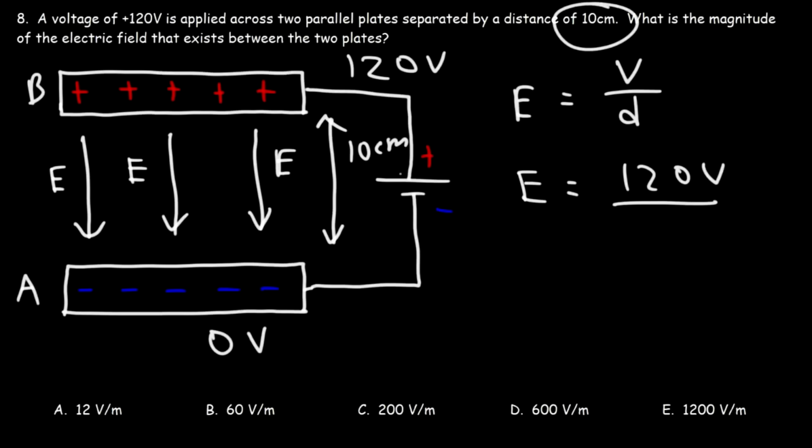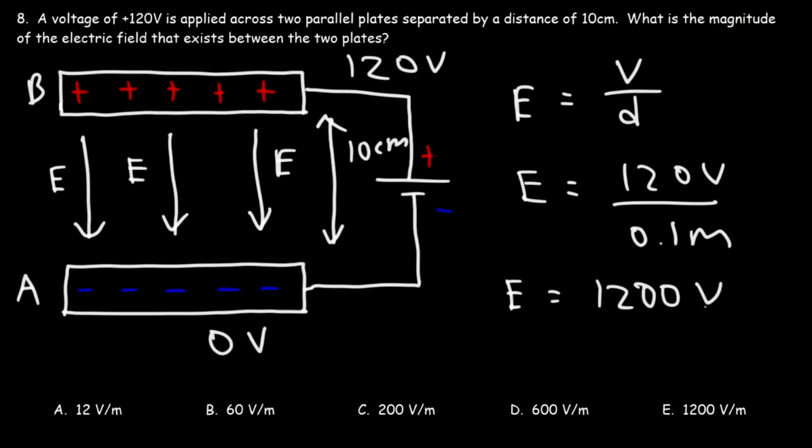So we need to convert centimeters to meters. A simple way to do that is to divide it by 100. 10 divided by 100 is 0.1. So the separation distance is 0.1 meters. So 120 divided by 0.1 will give us the answer. So the electric field is 1200 volts per meter.